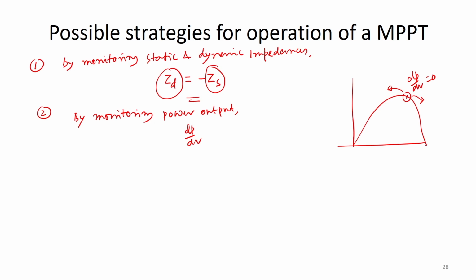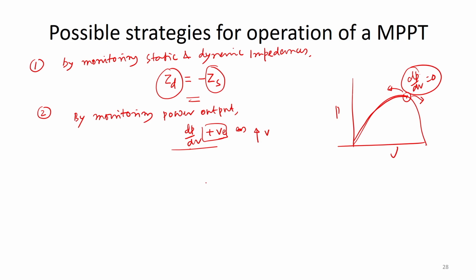So, voltage is adjusted and power output is sensed, right. So, now what happened? Operating voltage is increased as long as dP by dV is positive, right. As long as this is positive, voltage will be increasing.